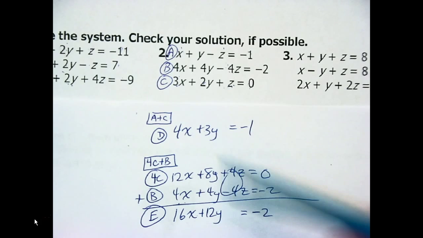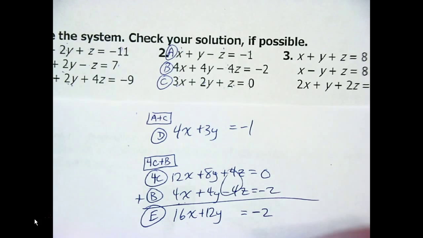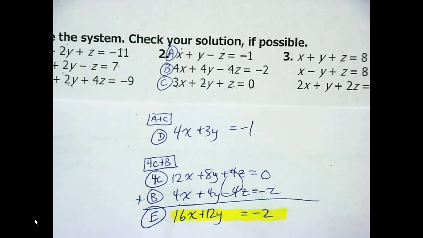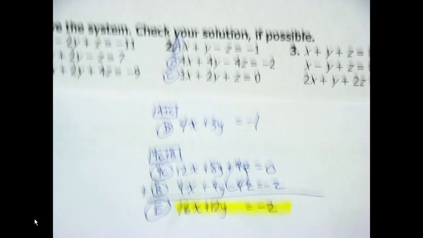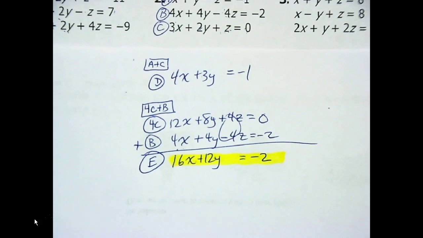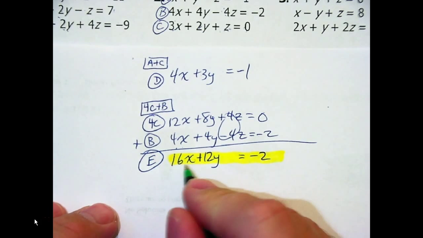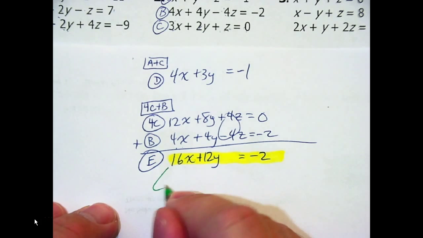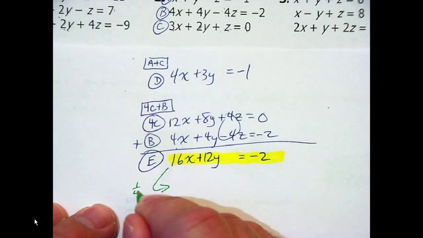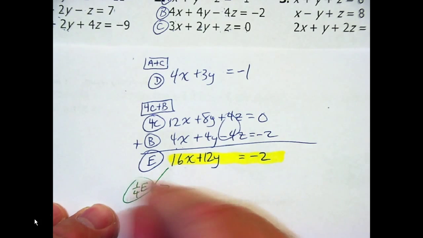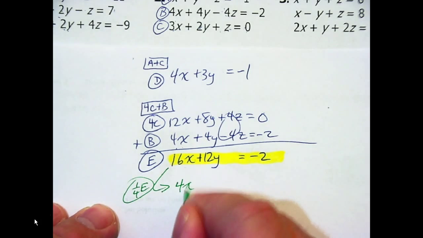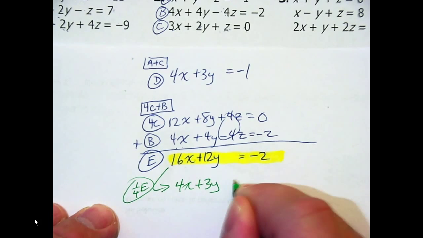Now before we do that, can we reduce either of those? Yeah, let's try to reduce this one. Everyone reduce that equation. Okay, what can we take out of it? 4. So you're really taking 1/4 of equation E. 1/4 of equation E is 4x, 3y, and, no, not 1/4.